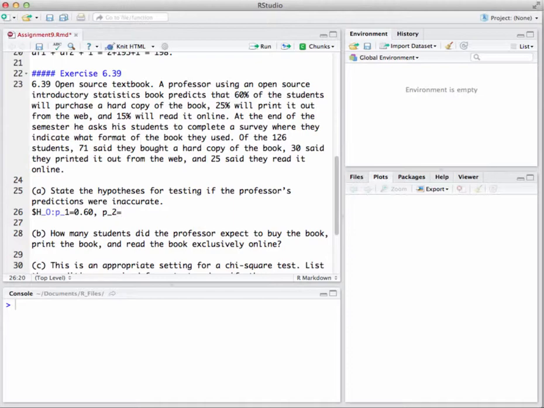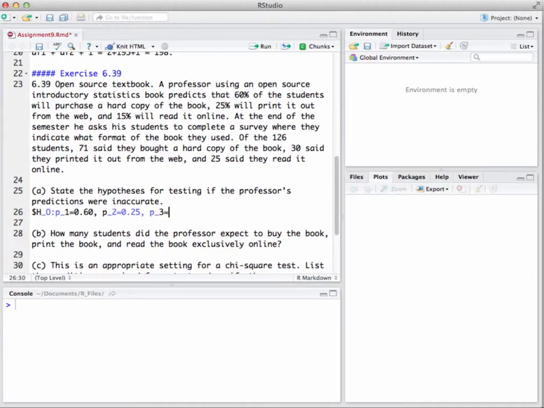Well, he's saying that that's 25% or 0.25. In other words, the null hypothesis is giving us the hypothesized distribution of the proportions, okay? In other words, what proportion of purchased books, printed books, and online books I would be expecting to see in this class. This is what the prof is saying is the reality.